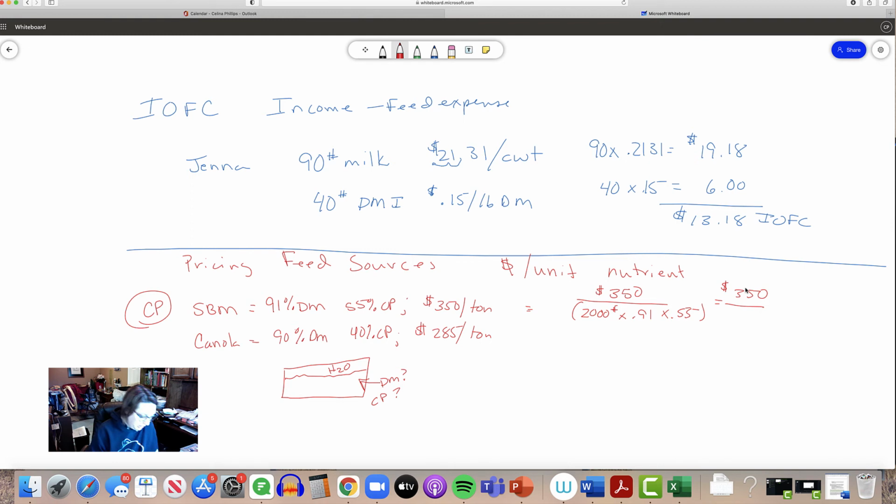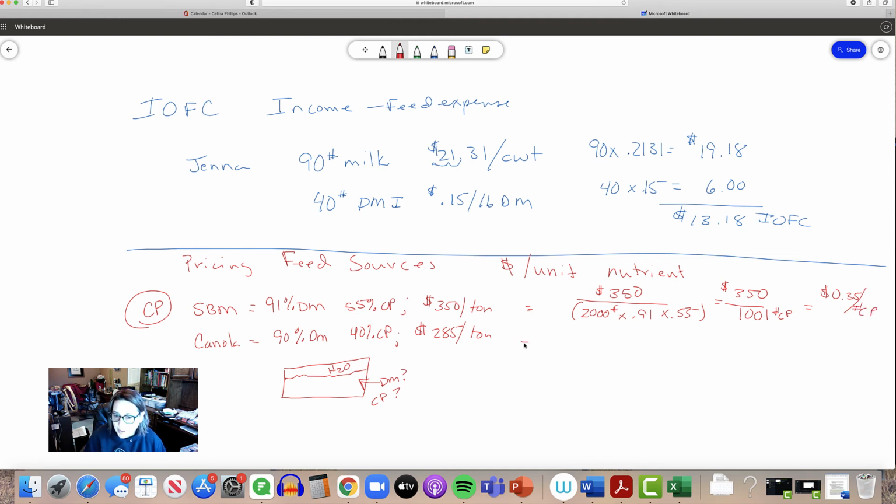I cut corners in my homework again. 2,000 times 0.91 times 0.55 gives 1,001 pounds of crude protein. So divided out, we get that it is 35 cents per pound of crude protein.